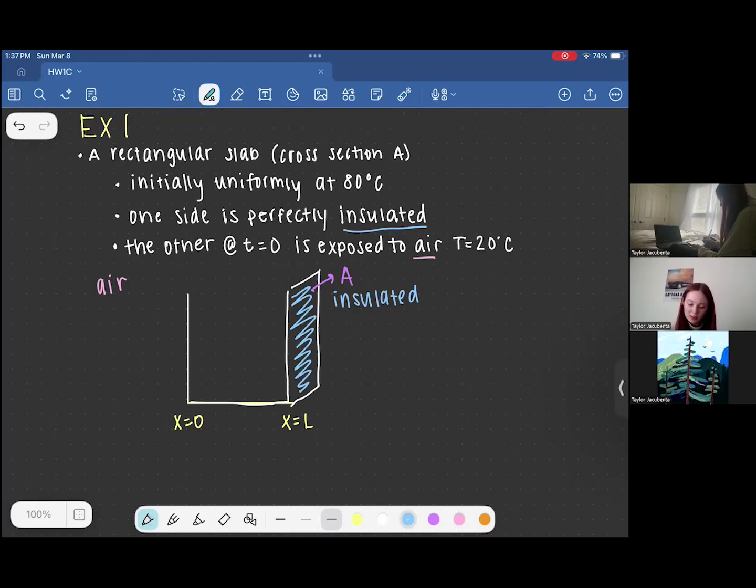So for our insulated, we're going to show that T at position x at time equals 0, so at our initial conditions, it is 80 degrees Celsius. And then for the air, which is position 0, at any time the temperature is 20 degrees Celsius.